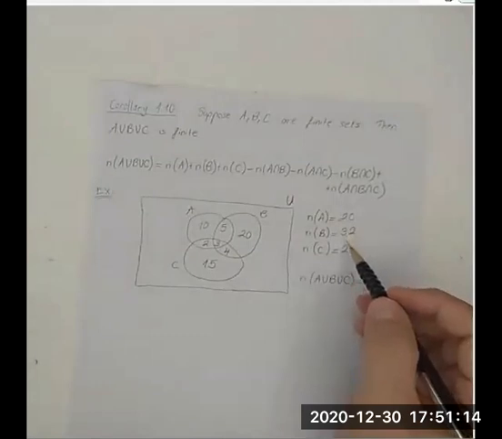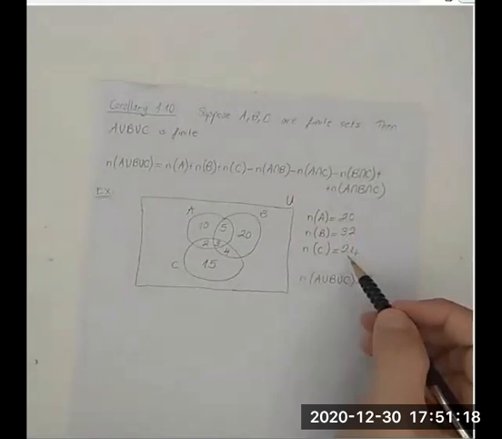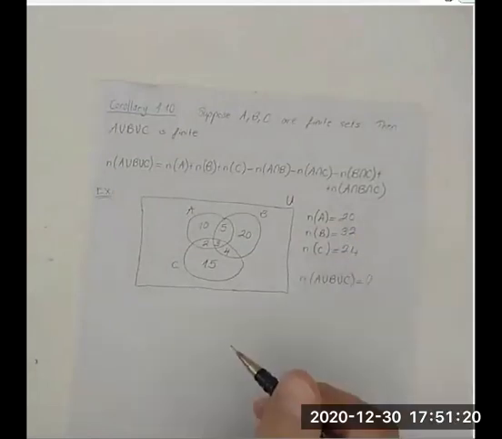What is the total number of the universal set? Actually, 59.